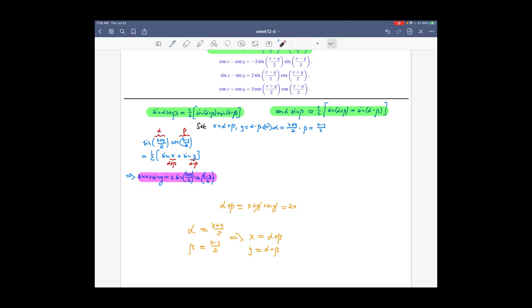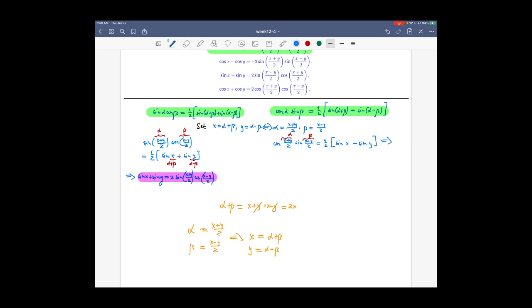If I now do this with this formula, I will get that cosine alpha, which is x plus y over 2, times sine beta, which is x minus y over 2, equals 1/2 sine alpha plus beta, which is x, minus sine alpha minus beta, which is y.